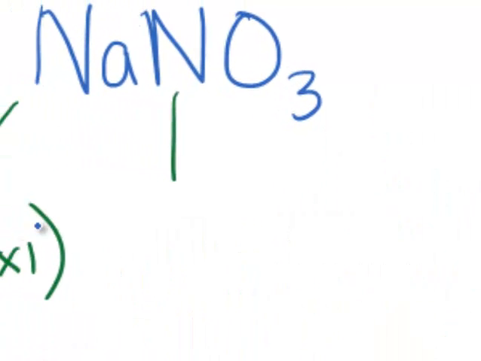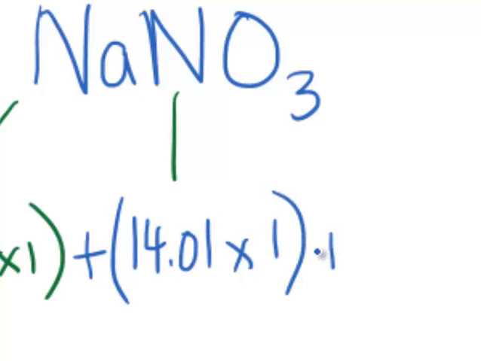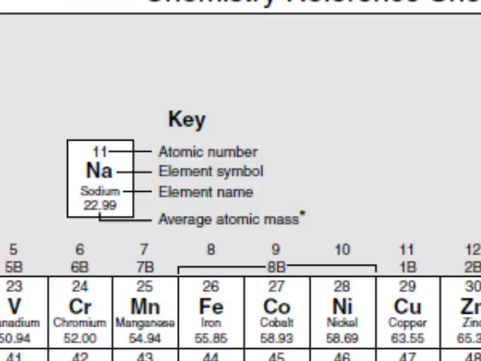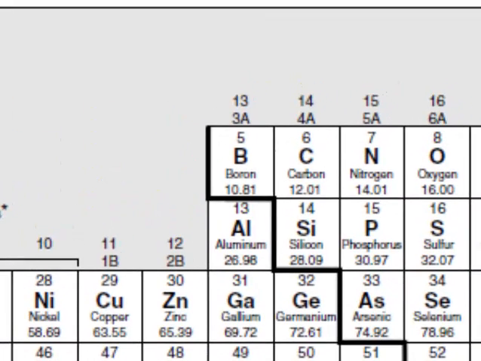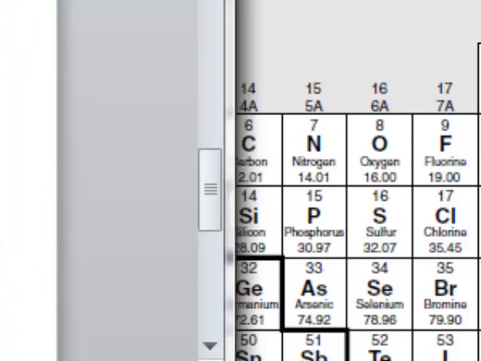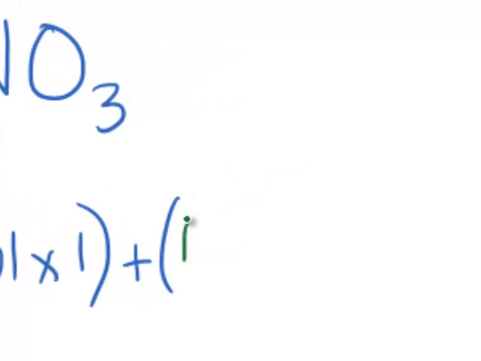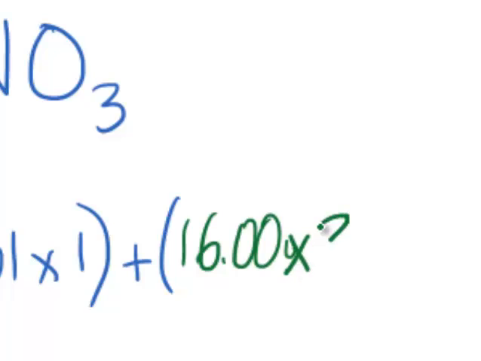So you write that and you add them together. 14.01 times 1. And then you do oxygen. You look at oxygen on the periodic table. Slide it over here. And oxygen is 16.00 grams per mole, times 3. Notice that there's 3 oxygens.